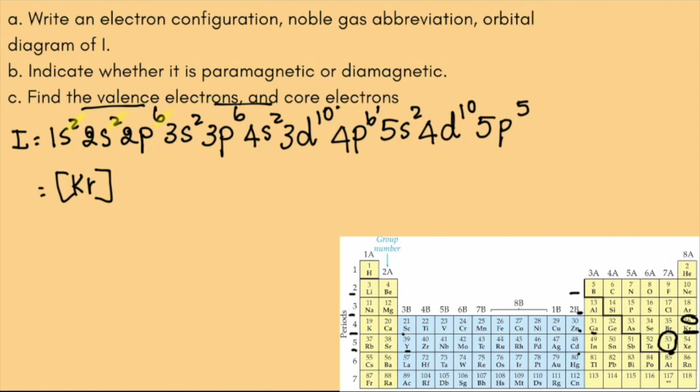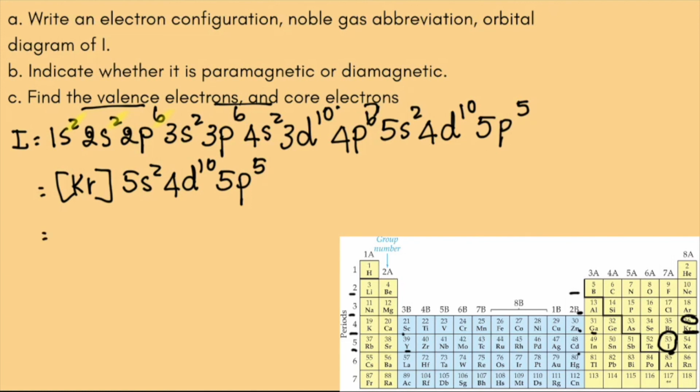So right now we have 5s2, 4d10, and then 5p5, and if you add all of them up, it should give you 53. So 36 plus 12 is 48, and 48 plus 5 is 53.